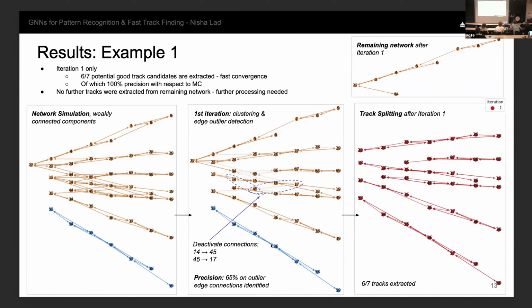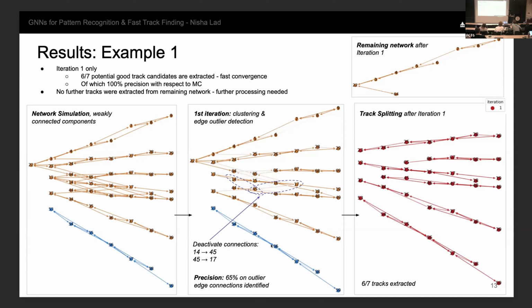After the first iteration, the Gaussian mixture reduction and clusterization, we can see that some of these edge connections have been deactivated. They're supposed to be in gray, but you can't see them here. They've been deactivated, and you can no longer see these edge connections.